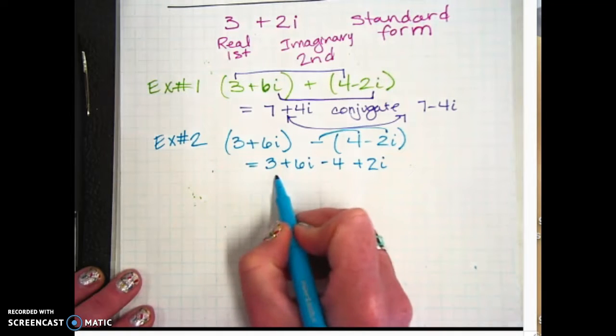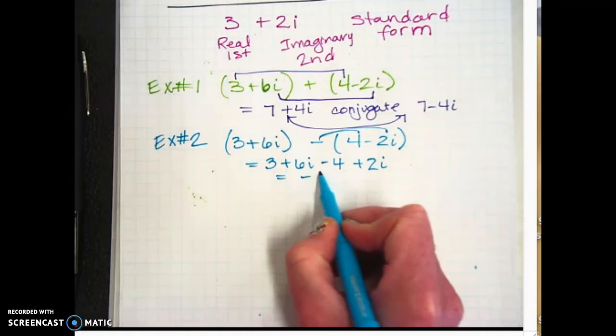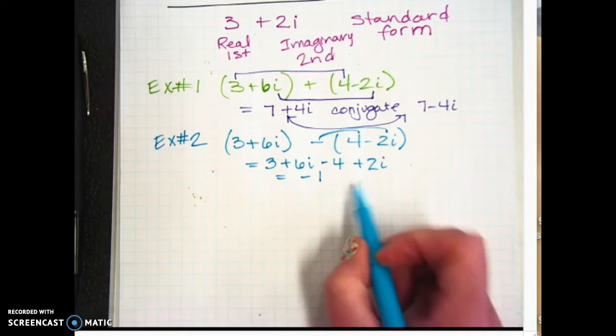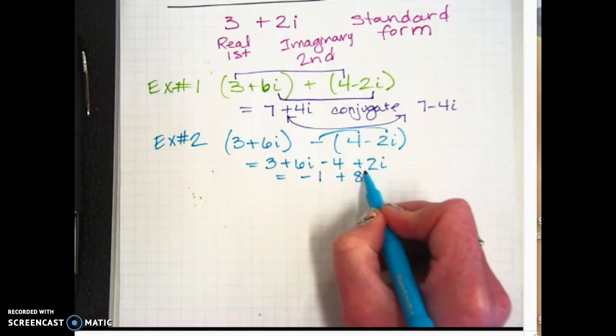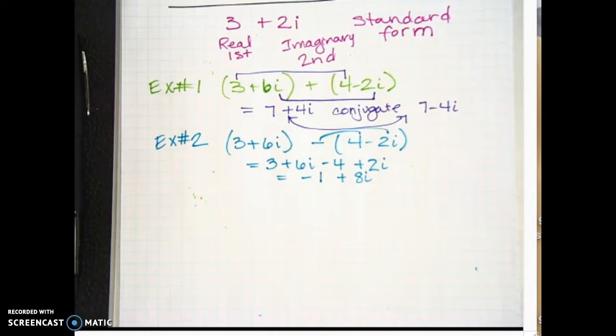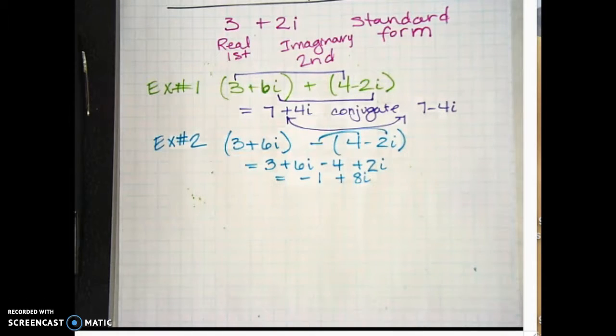And we get a slightly different answer, right? 3 minus 4 would get us negative 1. 6i plus 2i would get us 8i. So it's basically like adding and subtracting with variables, right? Not too bad. Okay, any questions on example 2?